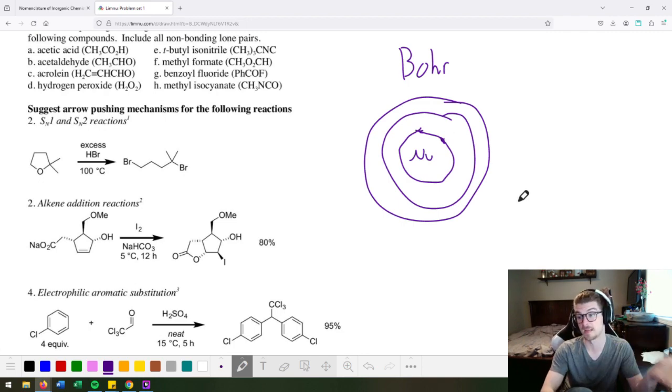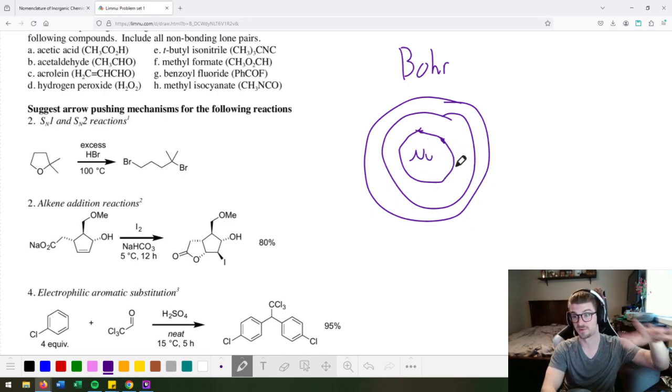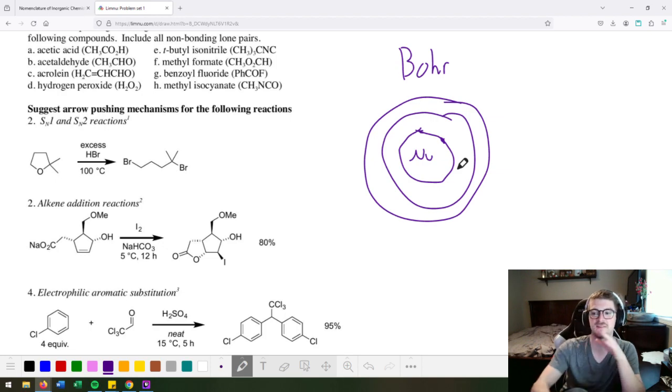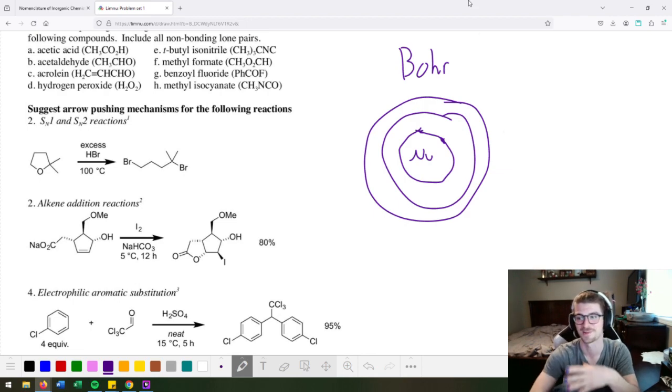And that's where the name comes from, because at the time they thought that electrons were particles that just orbit the nucleus very, very fast, in these spherical orbits around the central nucleus. This was a really big step in chemistry. It was very important at the time, and it was a revolution to our understanding of what atoms are. However, it's wrong.